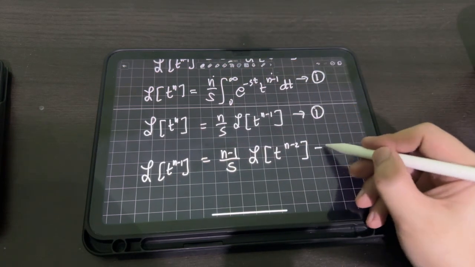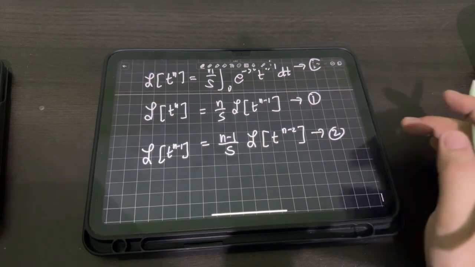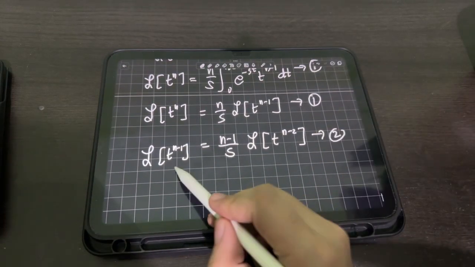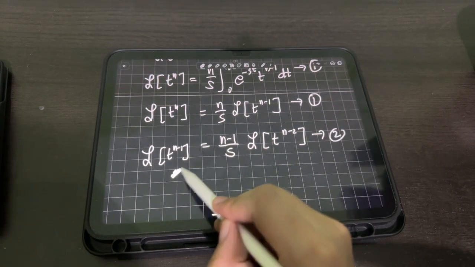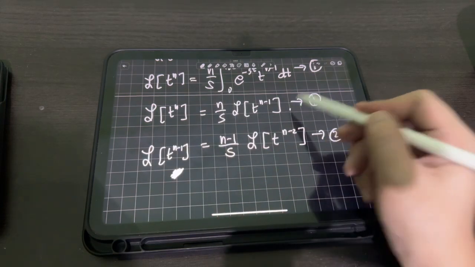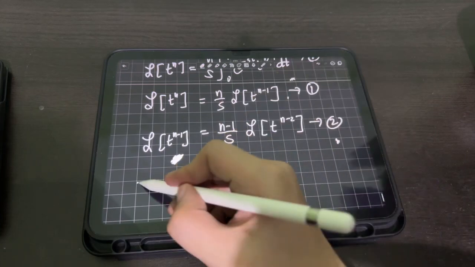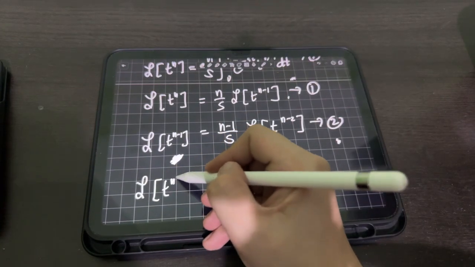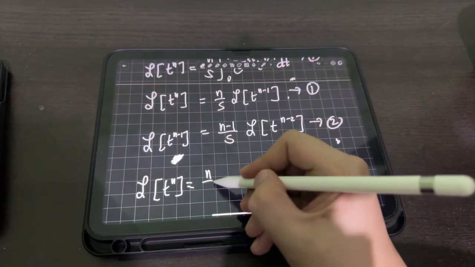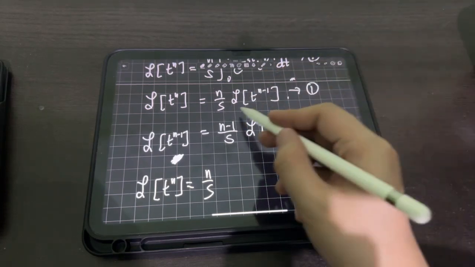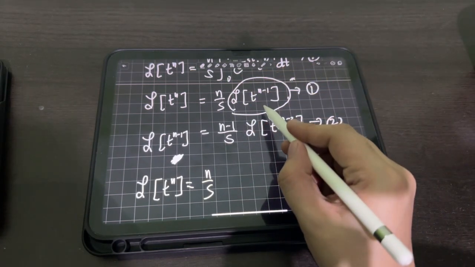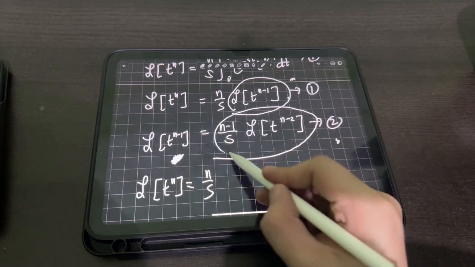Let's name this as 1 and 2. So if we substitute the value of Laplace transform of t to the n minus 1 from 2 in 1, we can have Laplace transform of t to the n equal to n over s times Laplace transform of t to the n minus 1, which is this one.